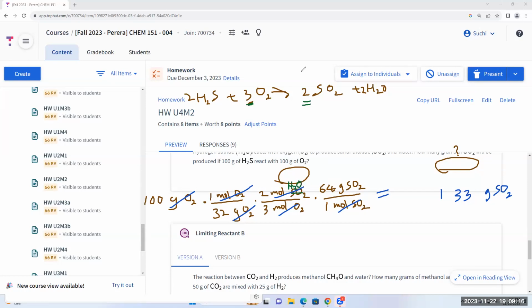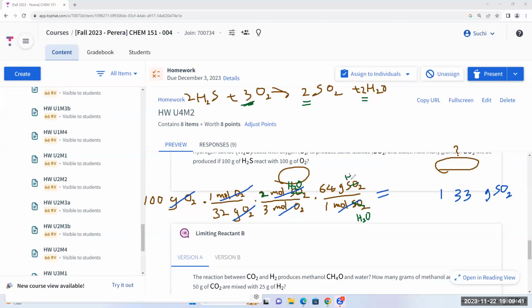From the balanced chemical reaction, you see that the relationship between oxygen and H2O is still 3 to 2. So this is still fine. This is still 2, from the balanced chemical equation. But the difference is 1 mole of H2O is not 64 grams of H2O.